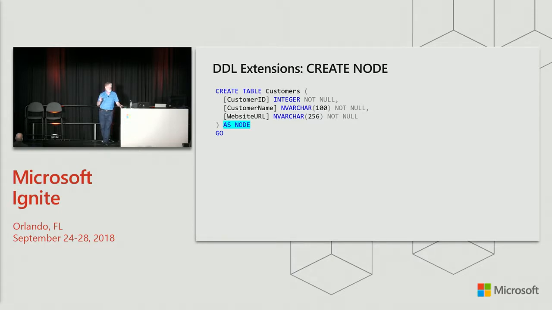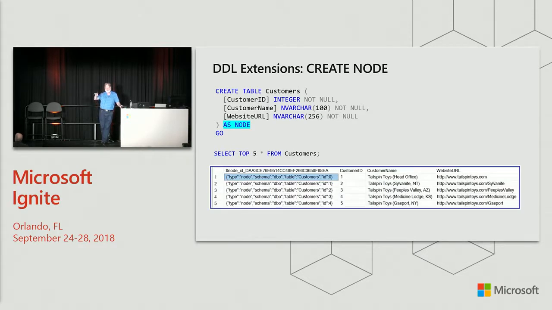When you create a table AS NODE, we automatically include an implicit column called $node_id. Node ID is how we do the linkage between nodes within a graph. So it's going to have the table name, a unique ID, which is the object ID of that table, plus a unique identifier for this instance within that.